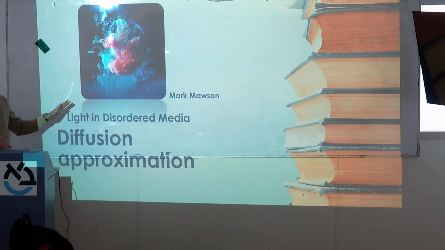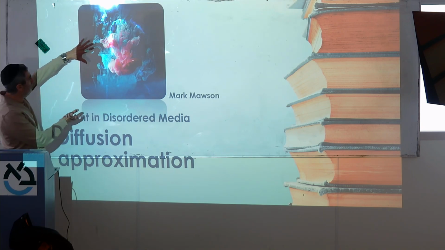To illustrate the course today, I chose this artist, Mark Mawson, who is taking pictures of diffuse material, like diffuse dyes in water. So he has very nice pictures, and it's very related to diffusion. I think it was really relevant for that.